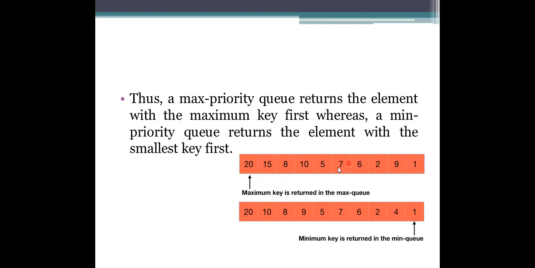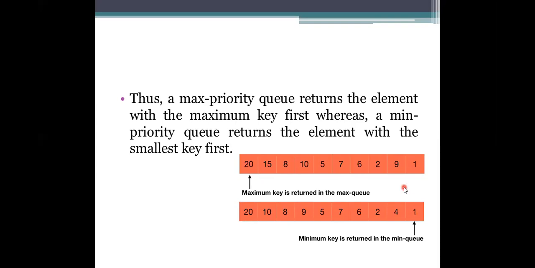Whether you place elements in ascending or descending order, the placing of the element won't change. Here the maximum key value is this one, which has the highest priority, and this element has the lowest priority.